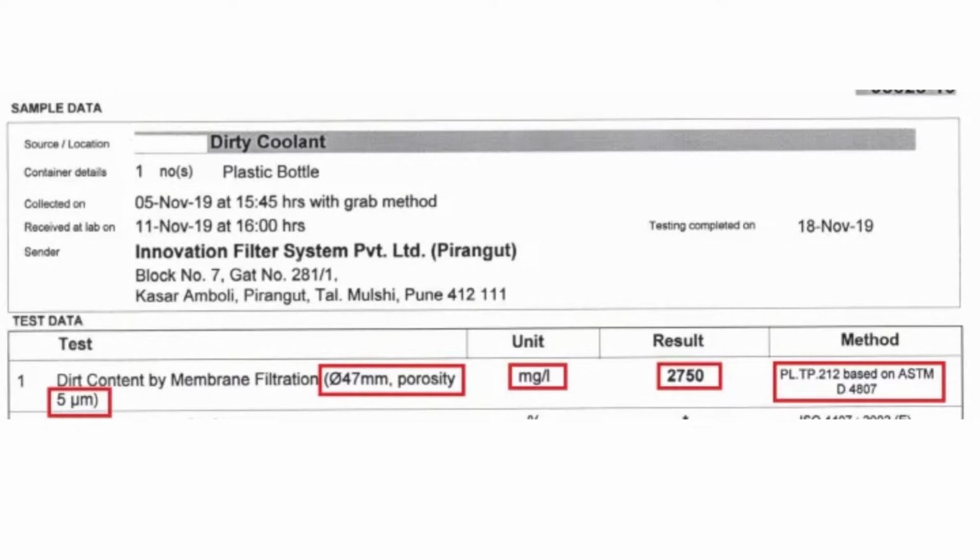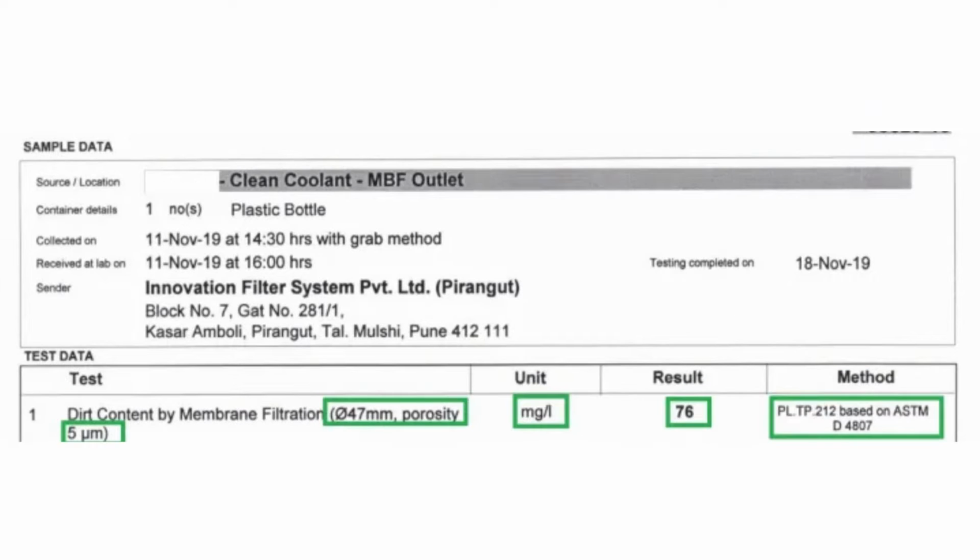The second way we can interpret these results is to see the quantum of change between the dirty and the clean fluid. So in the example that I shared, the dirty sample millipore value was around 2600 milligrams per liter, and the clean sample was 76 milligrams per liter.